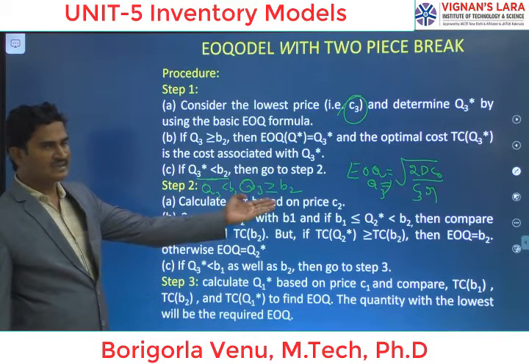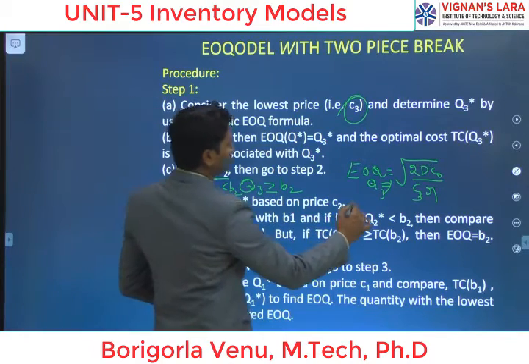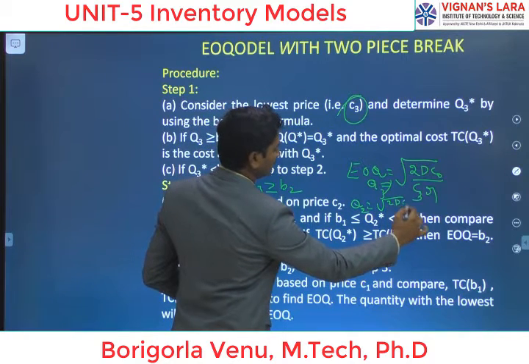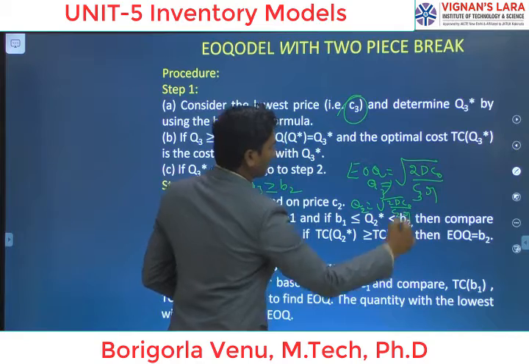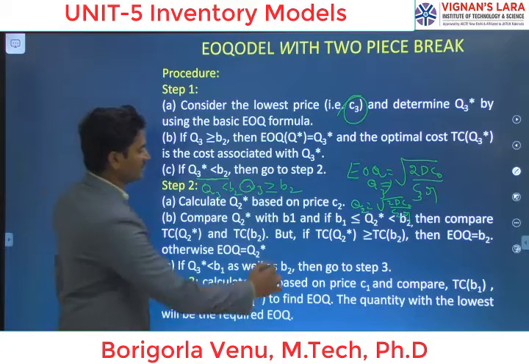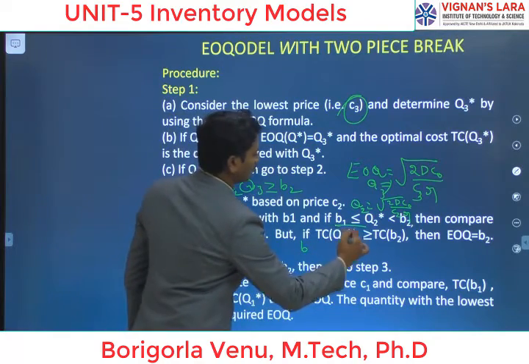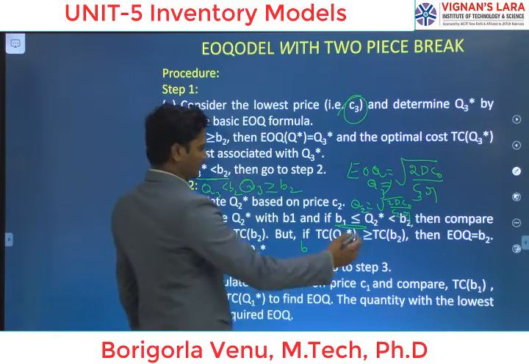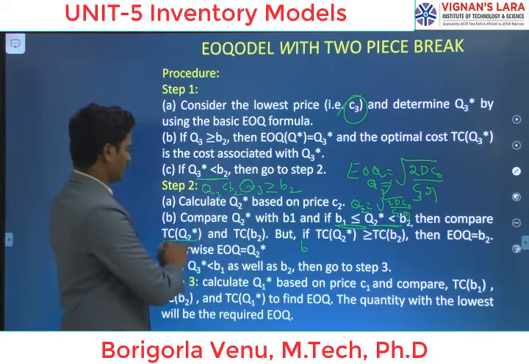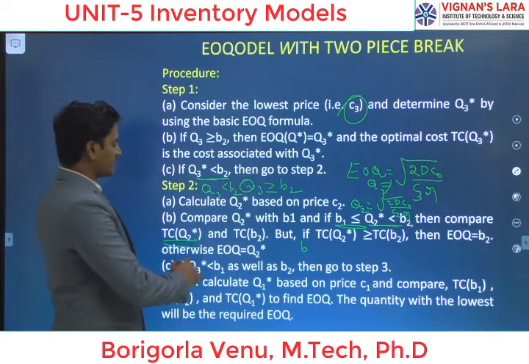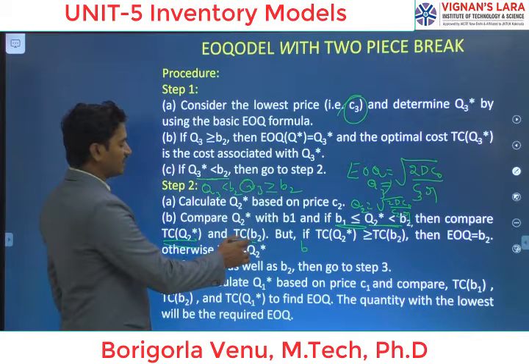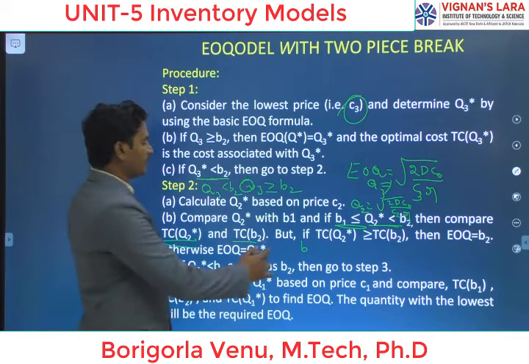Calculate Q2 based on the price C2. Same, we are going to calculate Q2 with the help of the C2 price, that is the square root of 2DC0 by C2R. Next compare Q2 with B1. If B1 is less than or equal to Q2, and Q2 is less than B2, then we calculate the total cost TC of Q2 and TC of B2 and compare them.